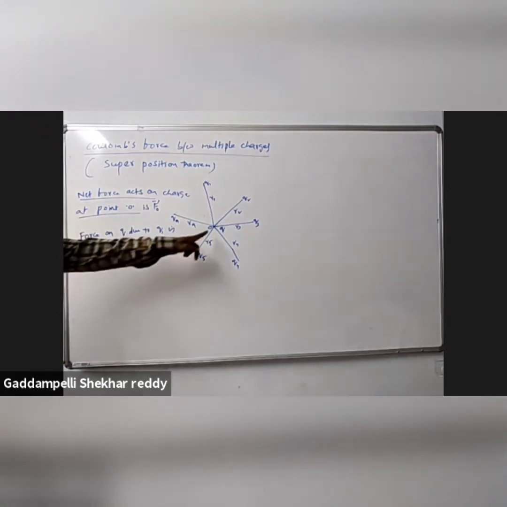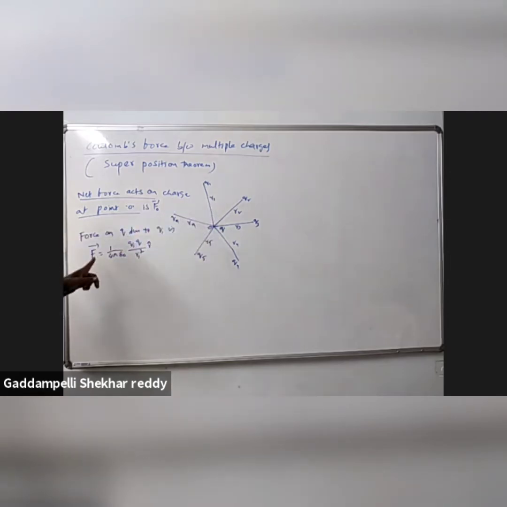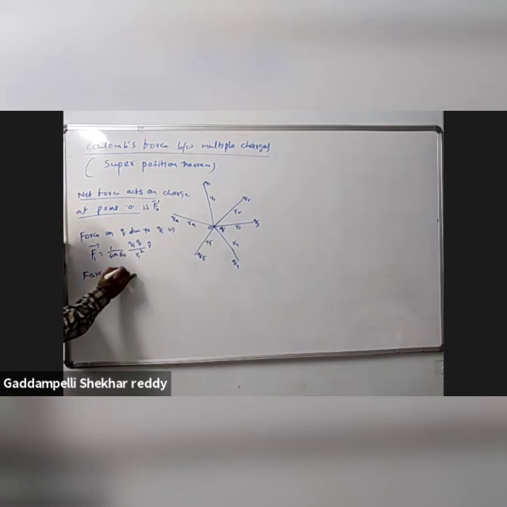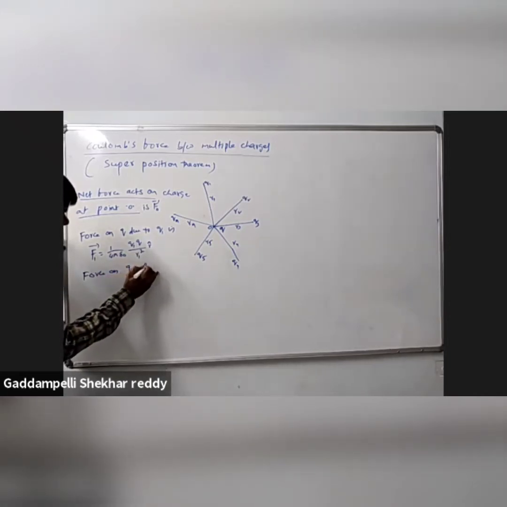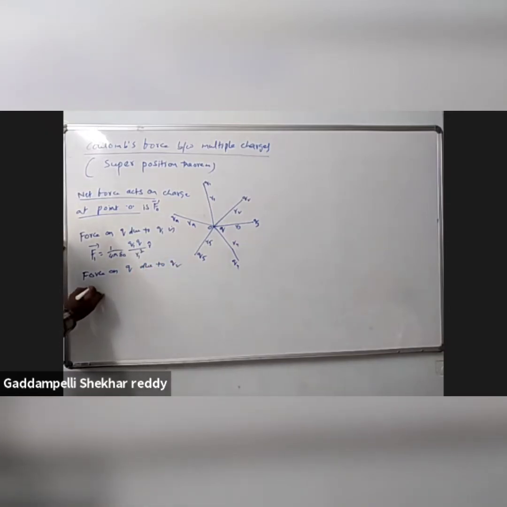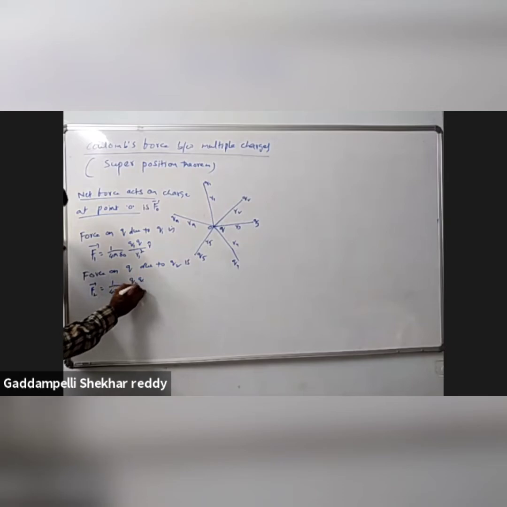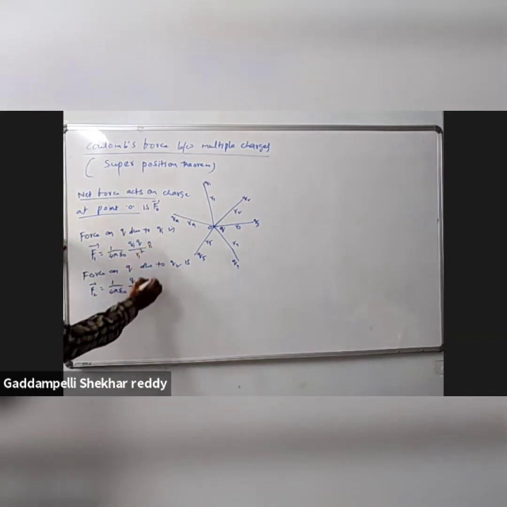The force on Q due to Q2 is F2 bar, equal to 1 by 4 pi epsilon naught, Q2 Q by R2 square, R2 cap. Here this is R1 cap, this is R2 cap.